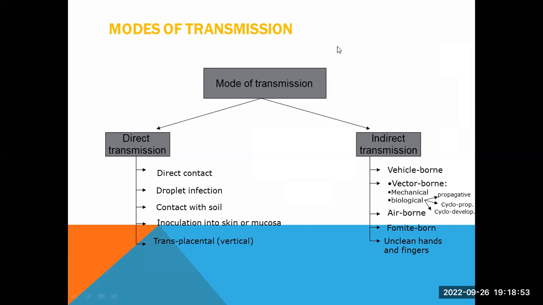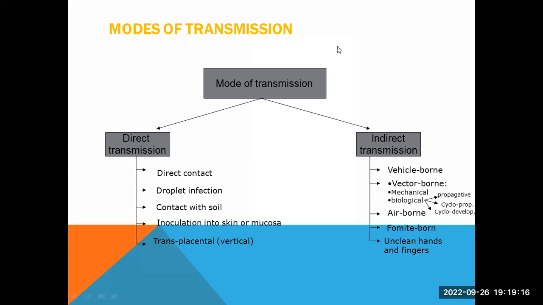For the vector-borne, which is the fly, the mosquito, we have two different pathways. This can be a mechanical pathway, and this can be a biological pathway. Basically, for the mechanical pathway, the fly picks up the infection outside the body. So the pathogen here never enters the body of the fly.